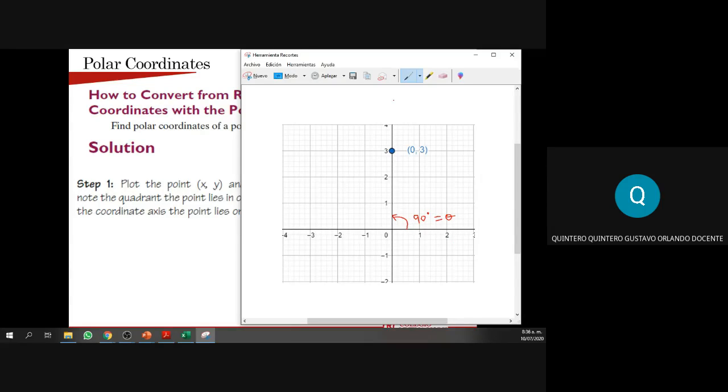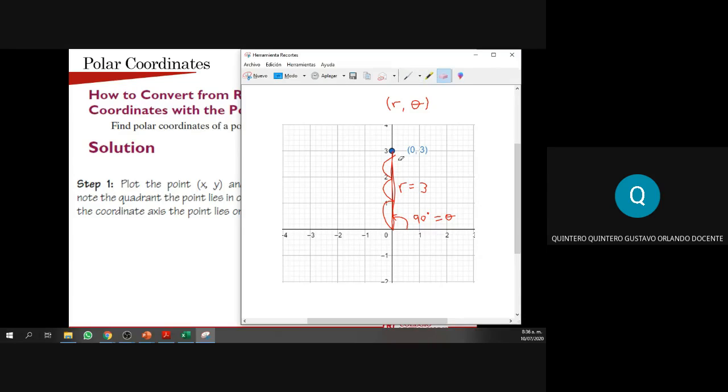But we also need the r and we need the theta, right? We have the theta. How much is the r, the radius? Anybody? 3. Beautiful. I don't know who did it, but yes, you're correct. The radius is this line, so the measurement of that line, which is 3, because we can count 1, 2, and 3.